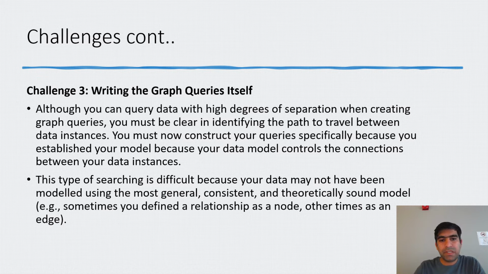This type of searching is difficult because your data may not have been modeled using the most general, consistent, and theoretically sound model. For example, sometimes you defined a relationship as a node, other times as an edge.